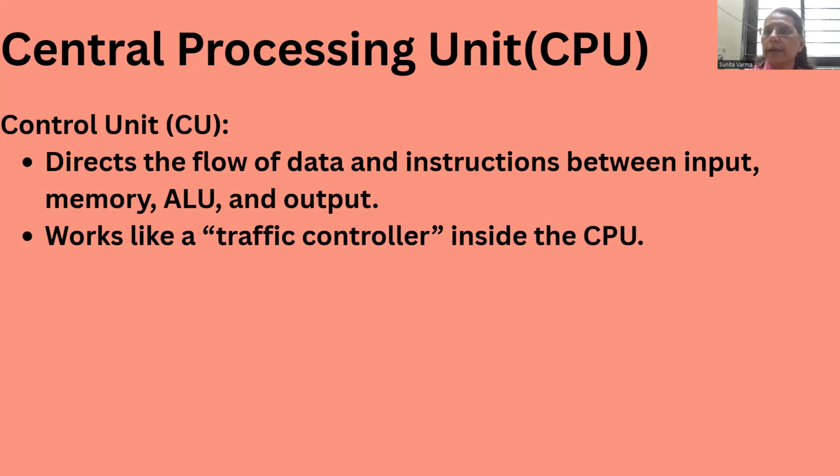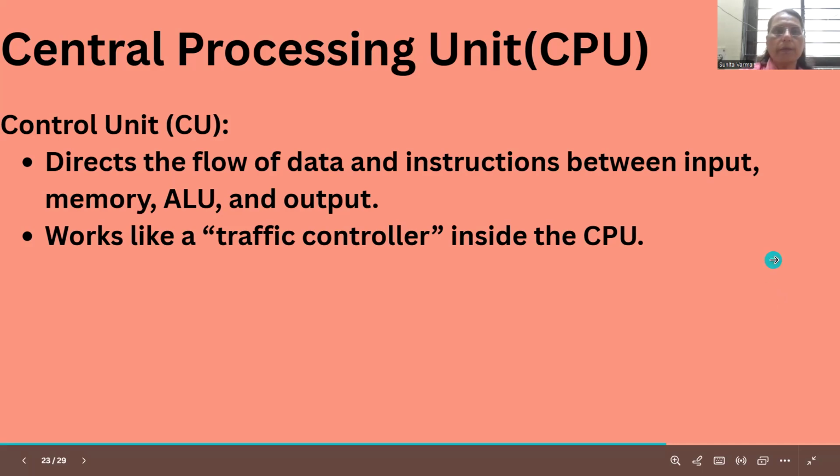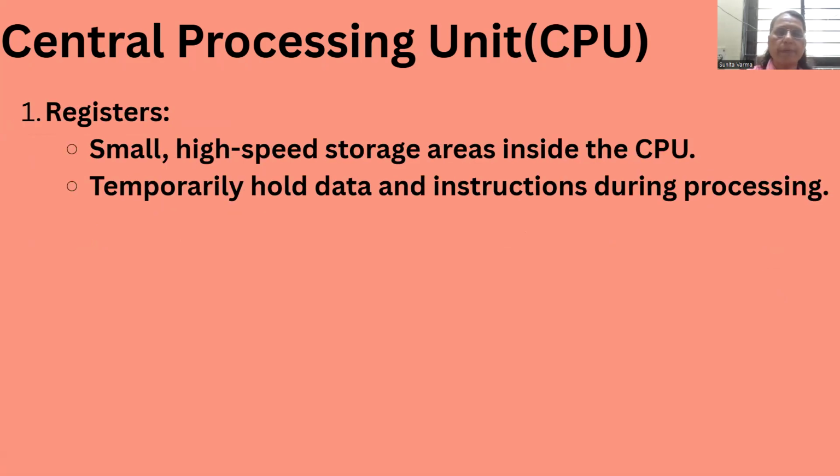The control unit controls that the data of the input goes to the storage. Then if it is required to fetch the data, when to fetch the data is controlled by the control unit. After fetching the data, it decides whether it goes to the arithmetic unit or logic unit. When it goes to the output, all the operations are synced and controlled by the control processing unit of the CPU.